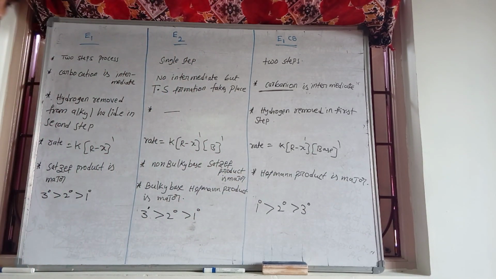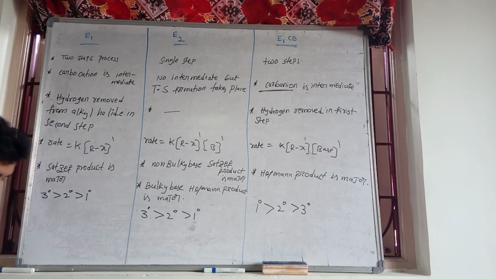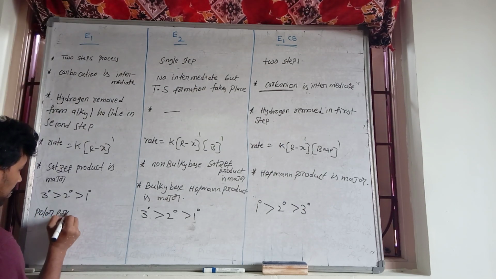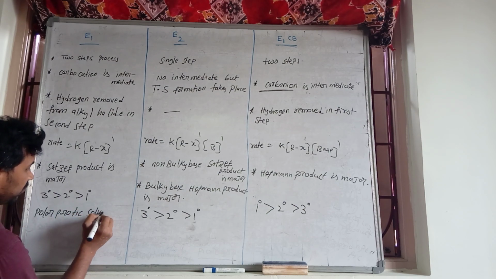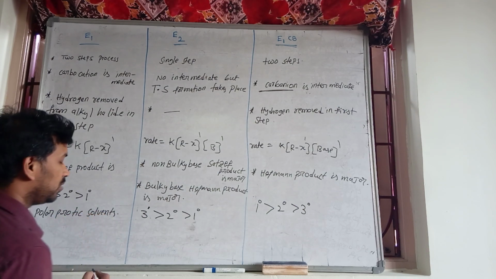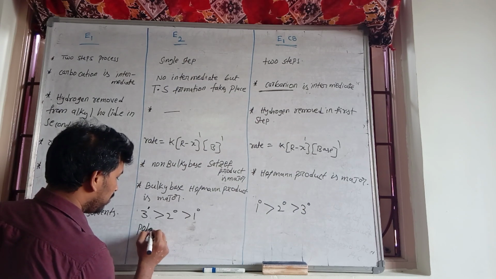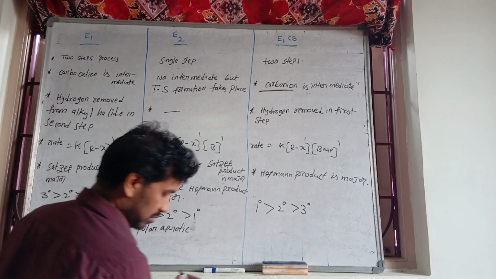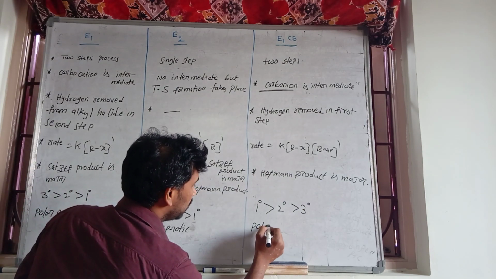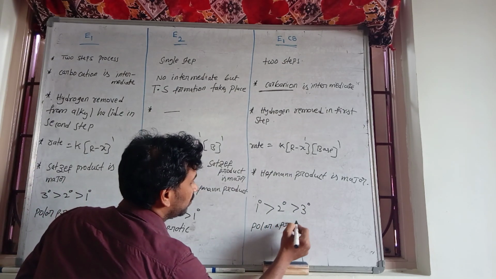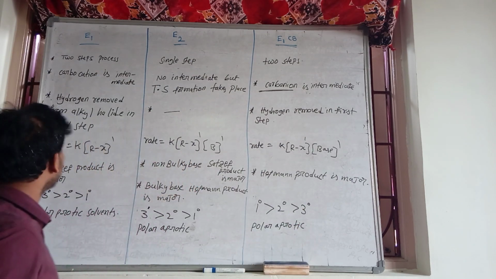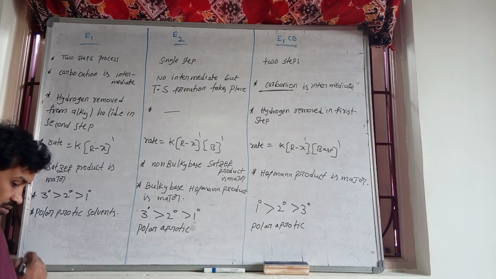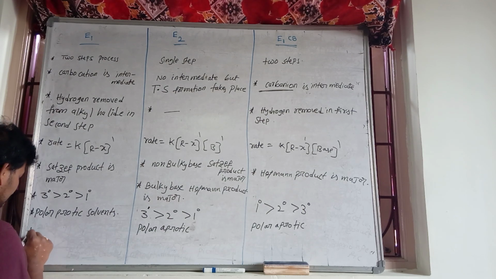Okay. Polar protic solvents are favorable for E1. Polar aprotic solvents are favorable for E2 and E1CB. And the last one, how common is the reaction? E1 is a common reaction.